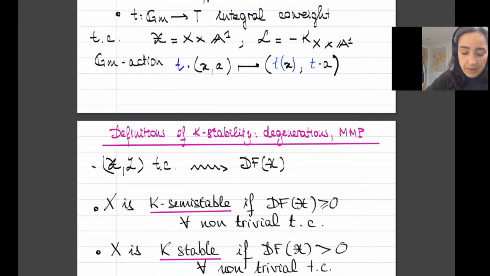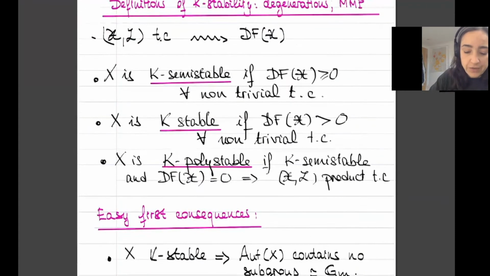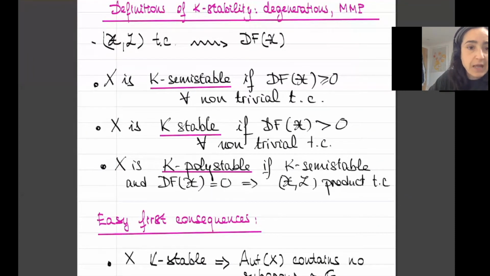So let me go to the definition of K-stability now. To any test configuration, you can associate an invariant, which is called the Donaldson-Futaki invariant. There are a few definitions of this invariant, but I won't go into it. We say that X is K-semistable if this Donaldson-Futaki invariant is greater or equal to 0 for any non-trivial test configuration.